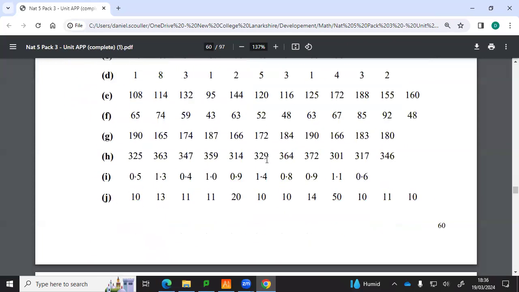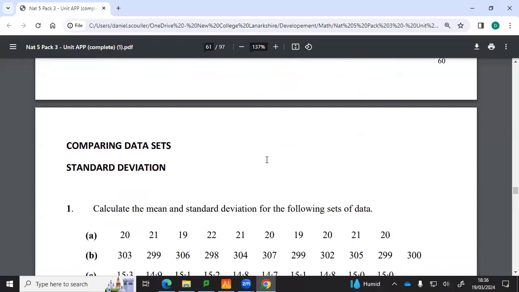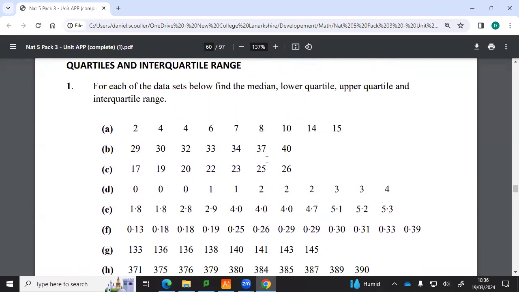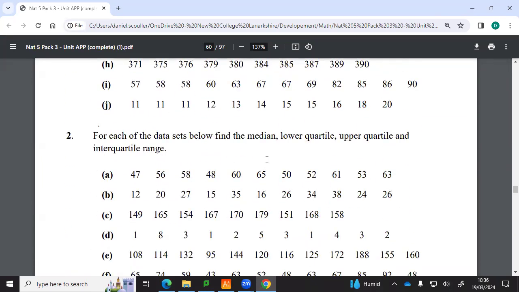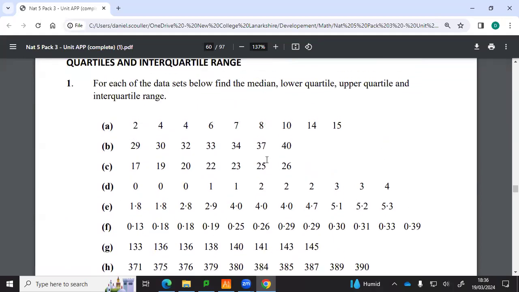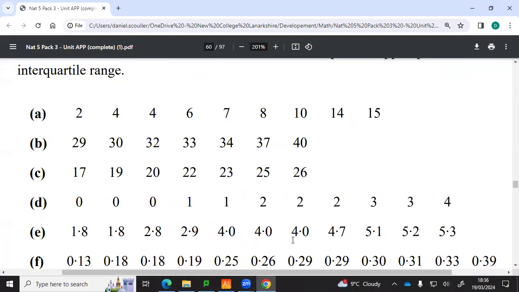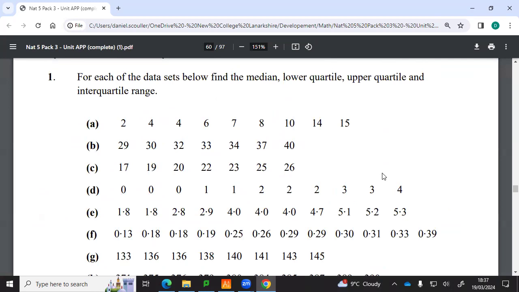On page 60, they've got a couple of examples. For just A, B and C, just quickly work through them: your median, lower quartile, upper quartile and interquartile range.